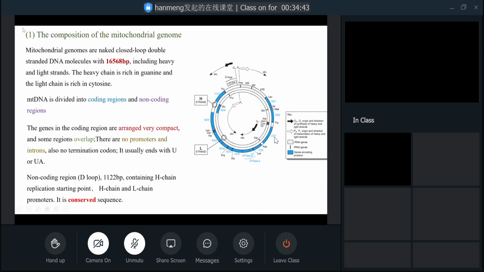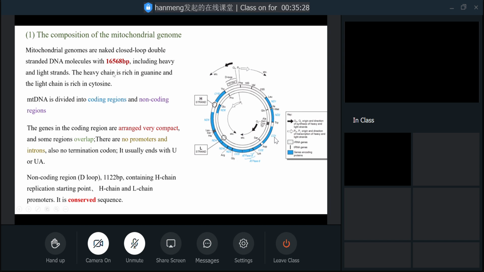Next, we will see the composition of the mitochondrial genome. The mitochondrial genome is a closed-loop double-stranded DNA molecule with 16,568 base pairs, like a plasmid of a bacteria. The mitochondrial DNA includes a heavy strand and a light strand.